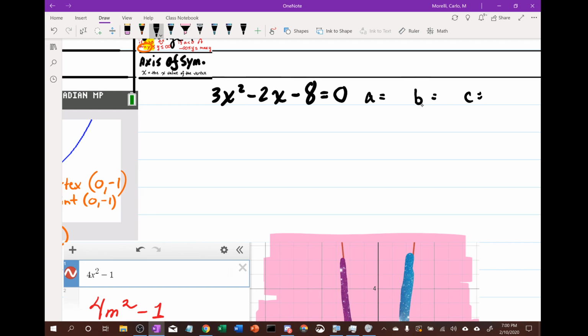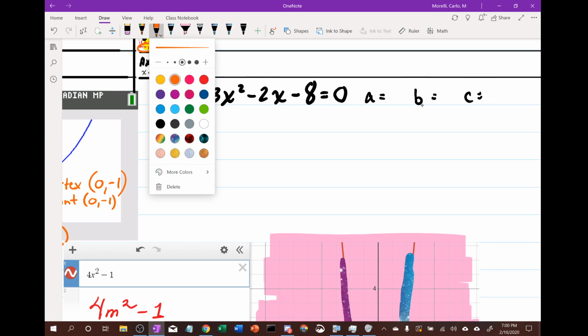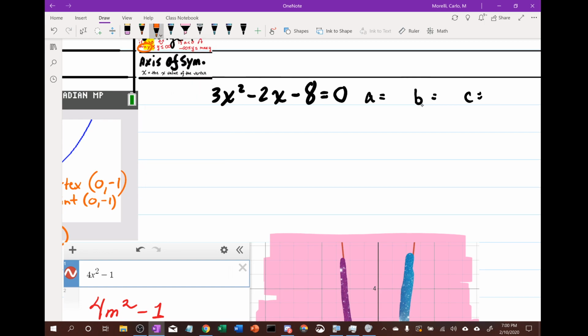Three, and B is -2. What's C? -8. So here we have to compute the master product, which is equal to A times C.